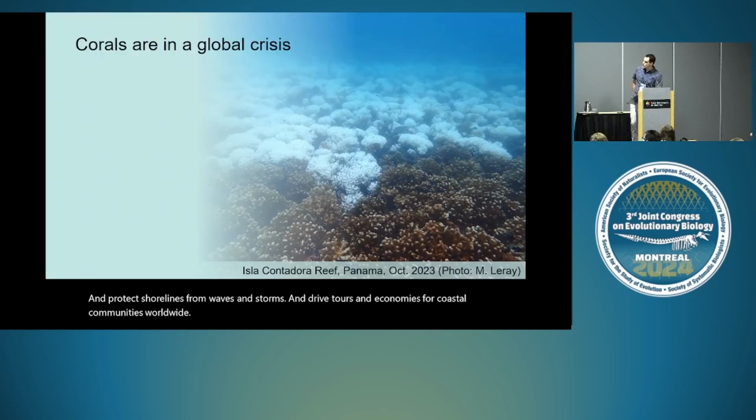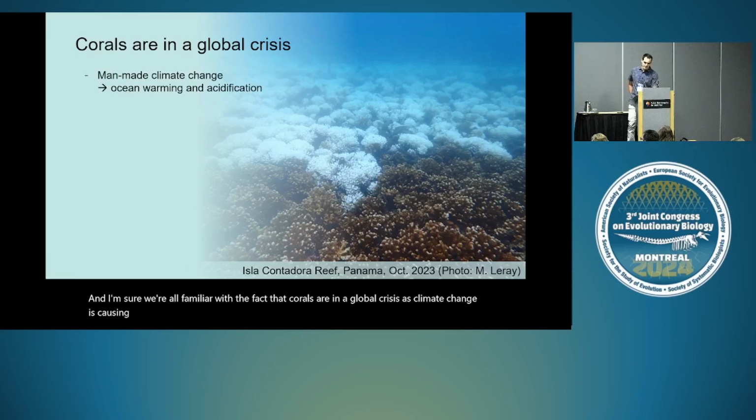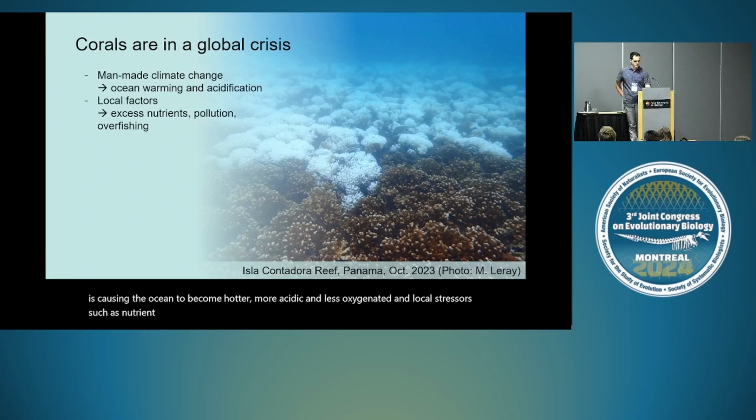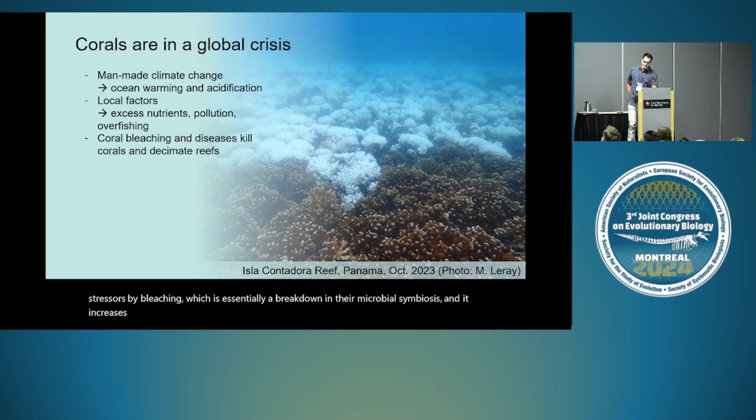And I'm sure we're all familiar with the fact that corals are in a global crisis as climate change is causing the ocean to become hotter, more acidic and less oxygenated, and local stressors such as nutrient pollution can also diminish coral health. Corals respond to these many stressors by bleaching, which is essentially a breakdown in their microbial symbiosis, and it increases their susceptibility to diseases that destroy entire reef ecosystems.